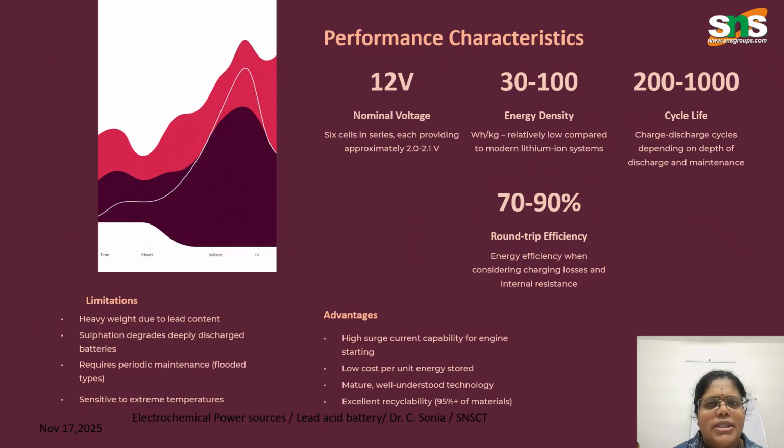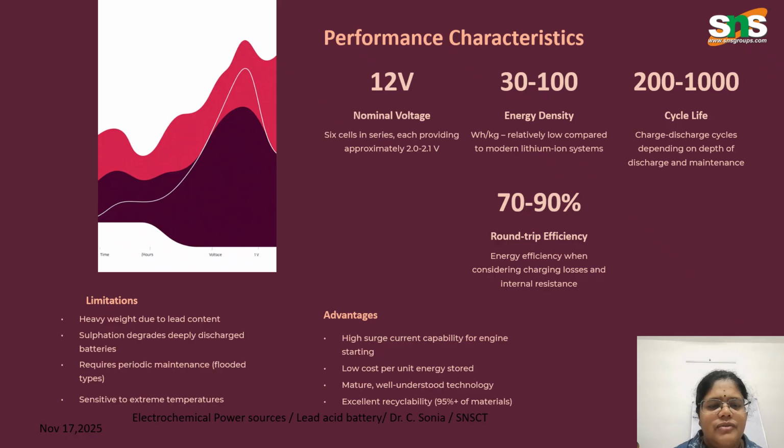The performance characteristics of this lead acid battery: 12 volt is the nominal voltage, energy density is 30 to 100, cycle life is 200 to 1000, and round trip efficiency is 70 to 90 percent. Of course, there are limitations: heavy weight due to lead content, sulfation degrades deeply discharged batteries, requires periodic maintenance, and is sensitive to extreme temperature.